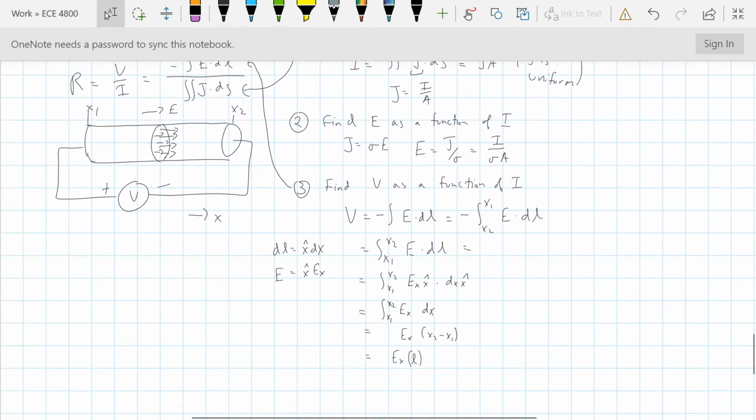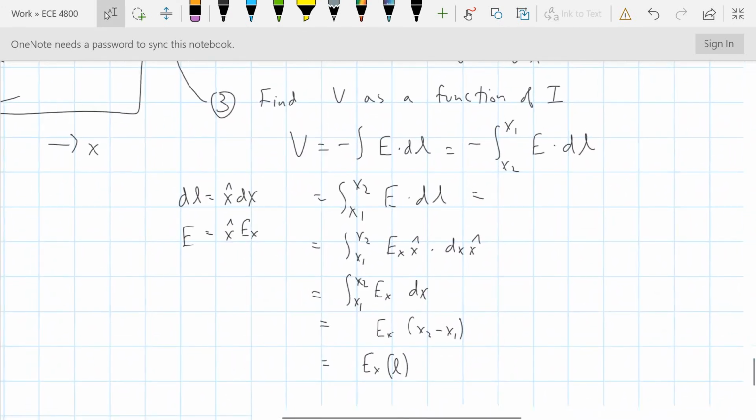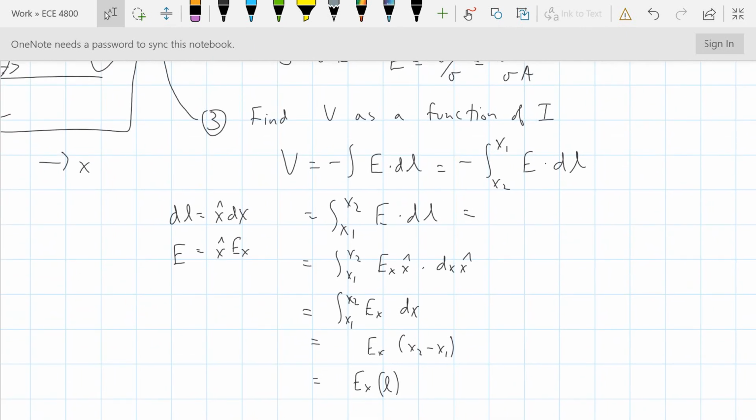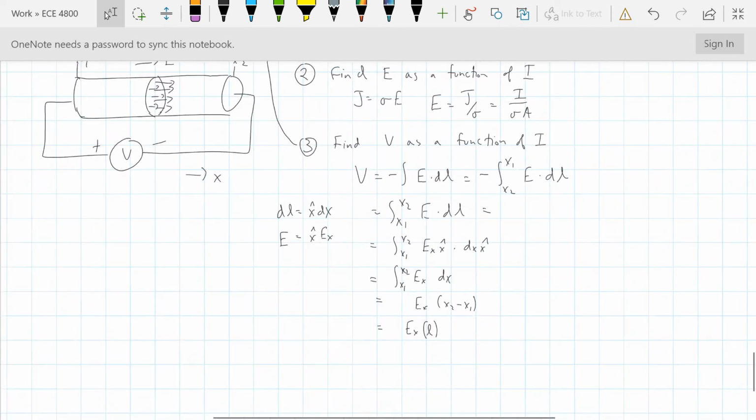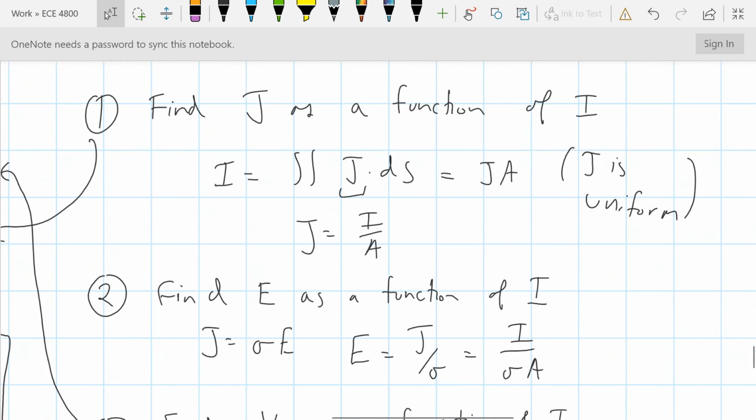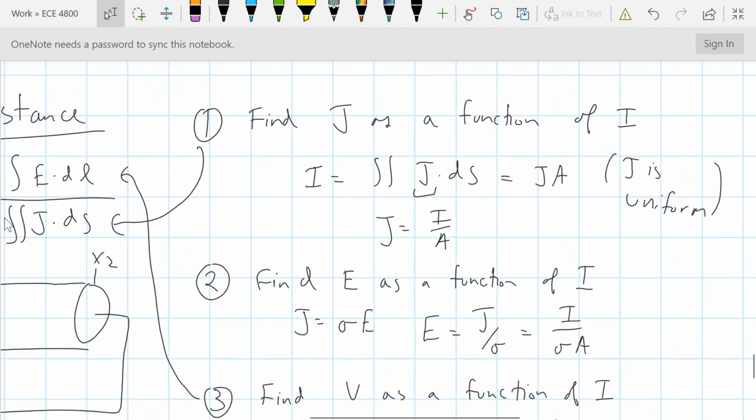Okay, I want everyone to remember this because these shortcuts are really important. Let's go back up here. You have to find I equal to the integral of J dot dS. If J is uniform everywhere on the surface you're integrating, this is the same kind of thing we apply when doing Gauss's law. If the field is the same everywhere on the surface, then you can just multiply that by the surface area.